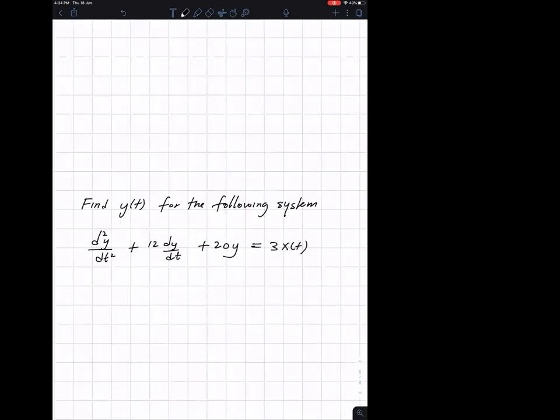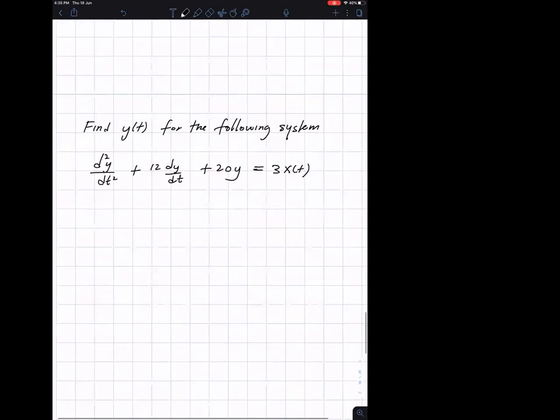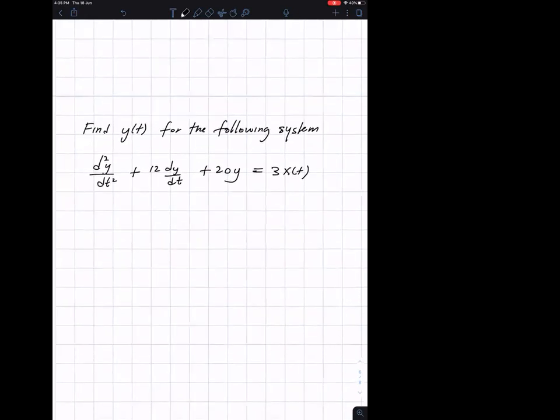The differential equation is given. I want to do a Laplace transform on this. It's going to give you s squared Y(s) plus 12 s Y(s) plus 20 Y(s) equals 30 X(s).